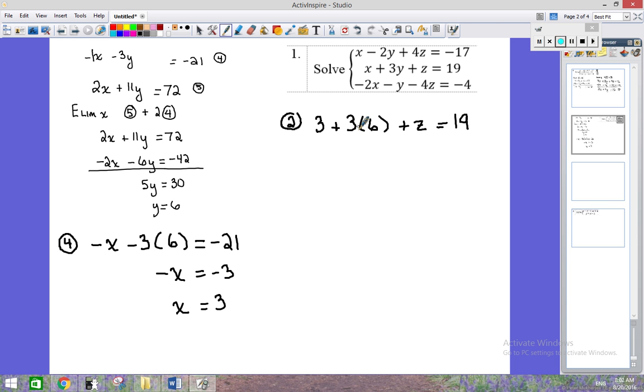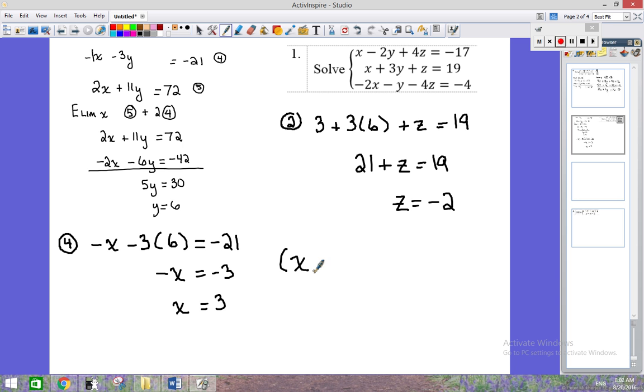So we've got 3 times 6 is 18, plus 3 is 21. And if you subtract 21 from each side, you can see that you'd have to take 2 away from 21 to get to 19.